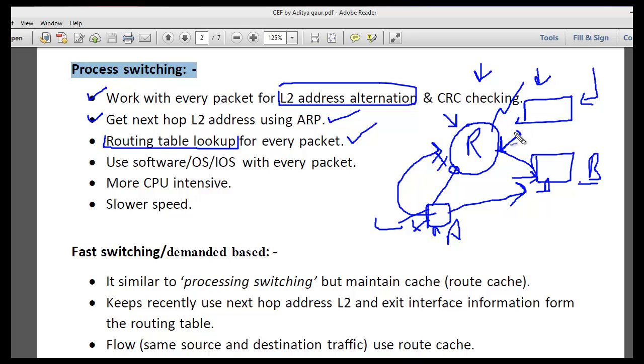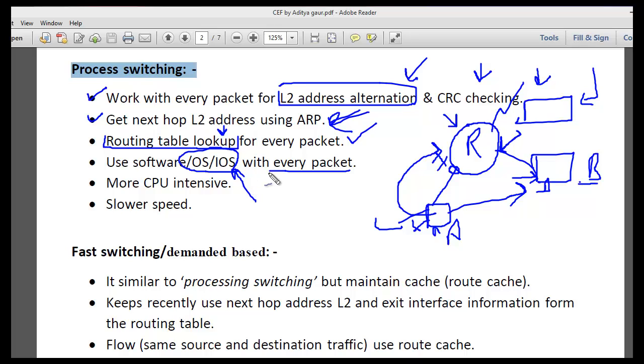So with every packet your operating system, or IOS, is involved along with your hardware to find a destination address, to switch the packet, change the layer 2 address, look up the next hop or destination layer 2 address, and then find the route to forward.